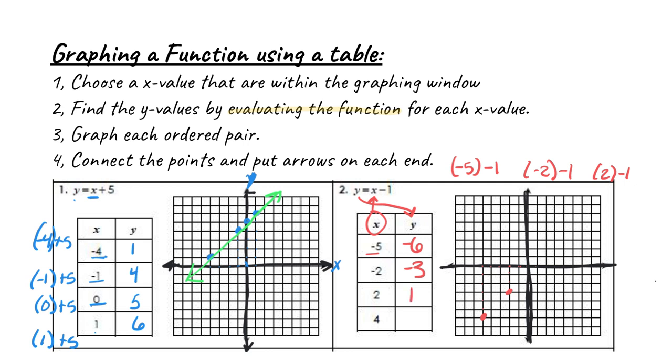So when my x value is 2, right here over to the right, my y value is going to be 1. And last, I have 4 minus 1. 4 minus 1 is 3. So when my x value is 4, 1, 2, 3, 4, my y value is 3.